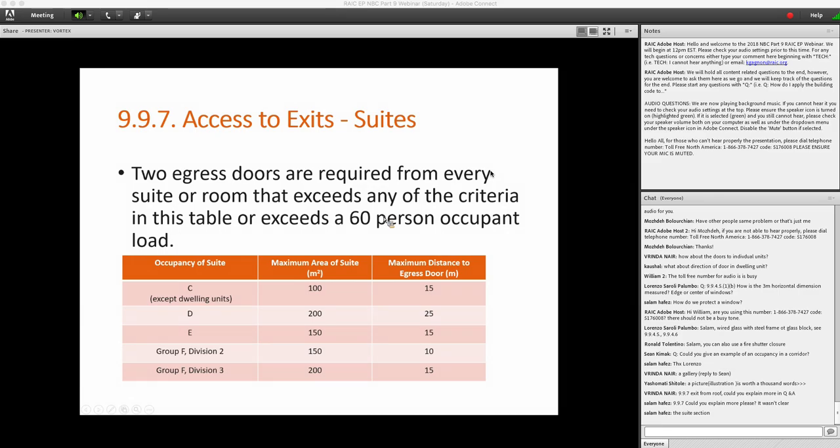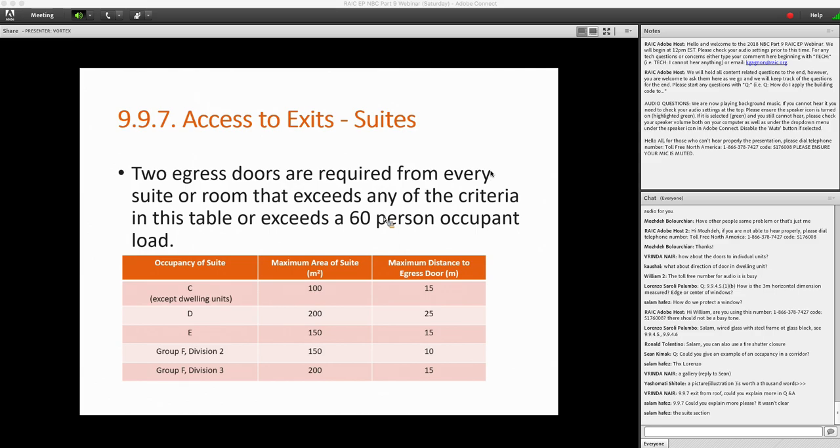Again, this is under 9.9.7.4 of the code, number and spacing of egress doors. So I'm going to hit this again. Depending on the occupant load that you have in a room or a suite, if you have a room or a suite that has an occupant load of more than 60 persons, the moment you exceed 60, you need to provide a minimum of 2 egress doors from that room or suite.